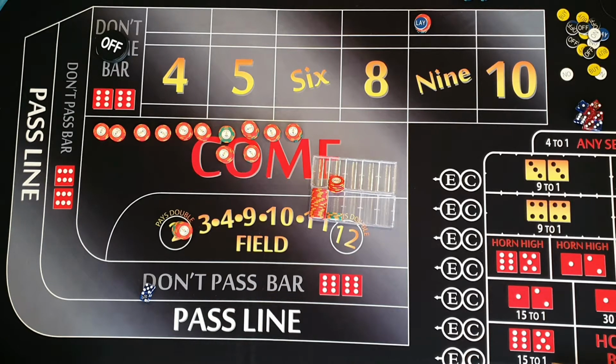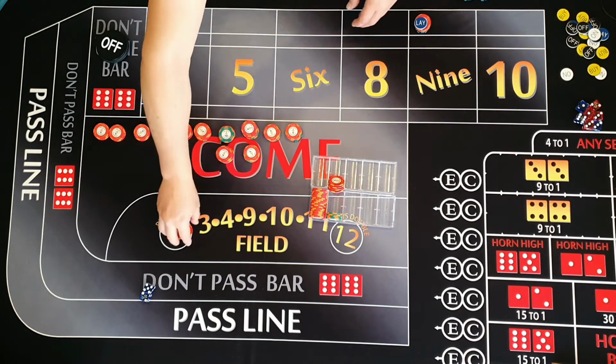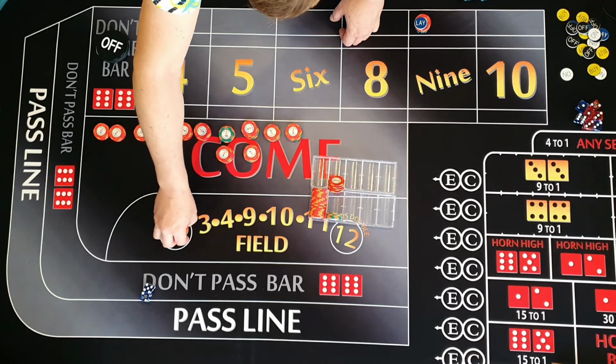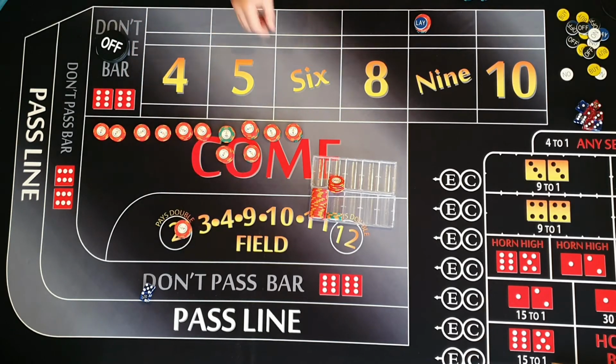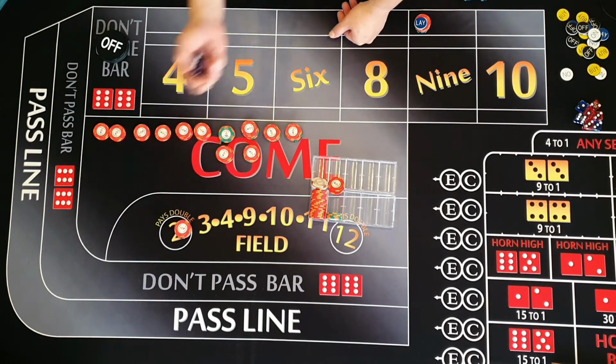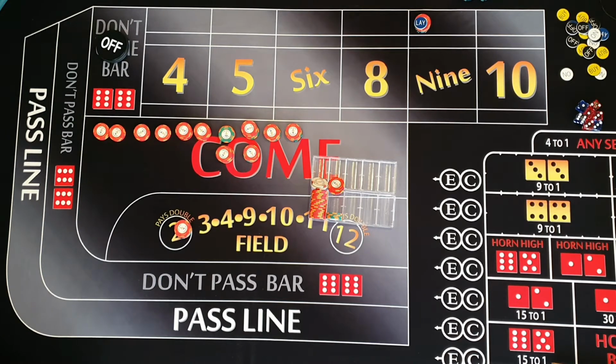And we do owe, what do we say this was? It was 160. So that is $8 in vig. So we did lose our parlay.